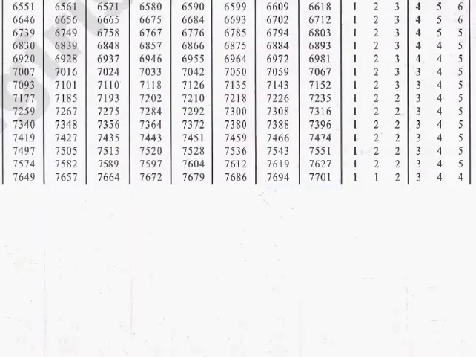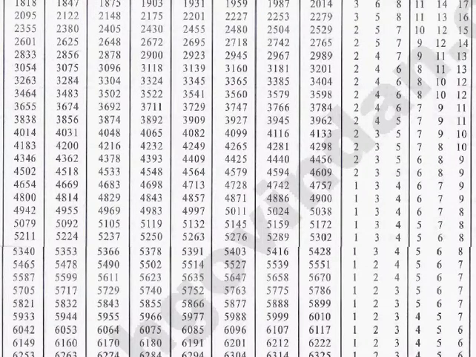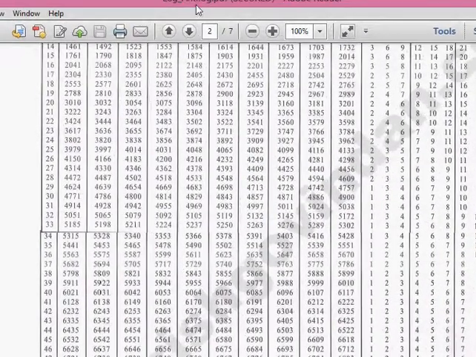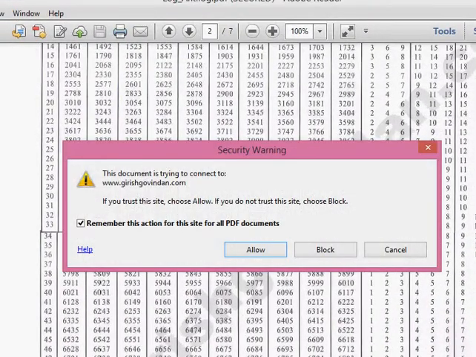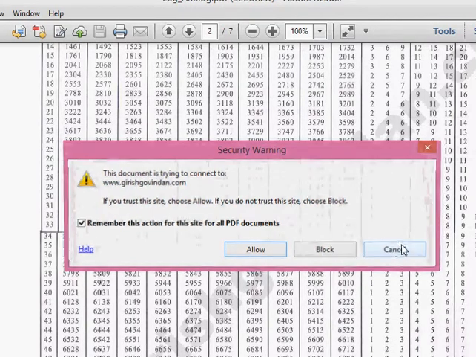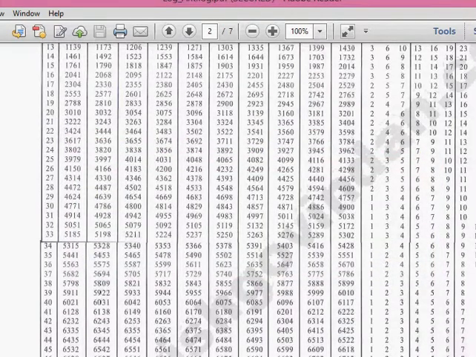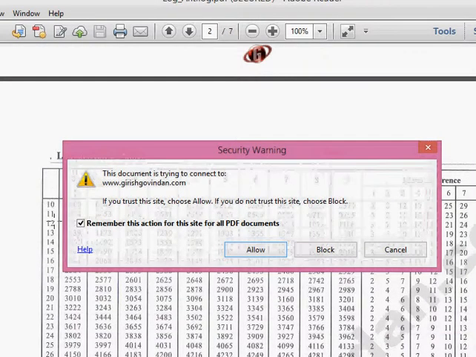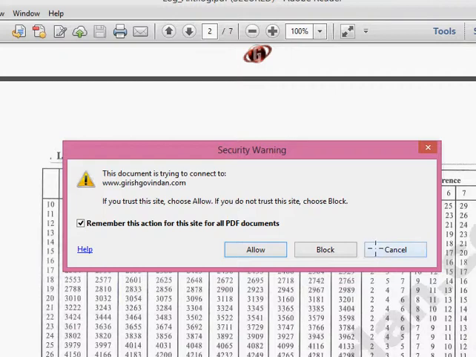If you have a log table like this, this is called the Matheson.